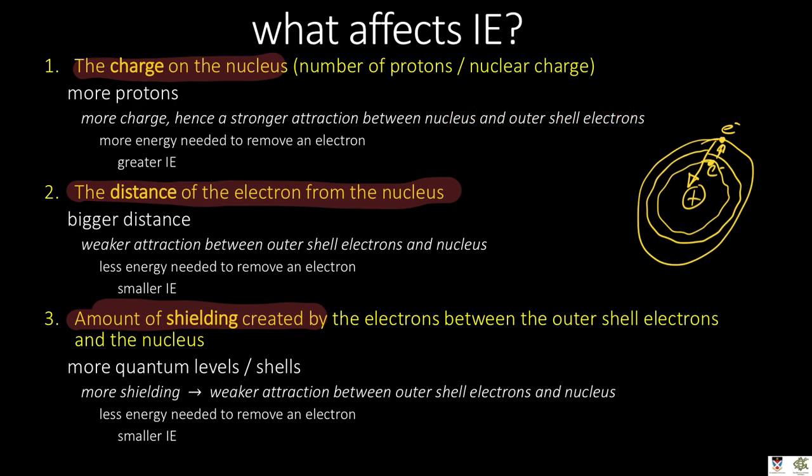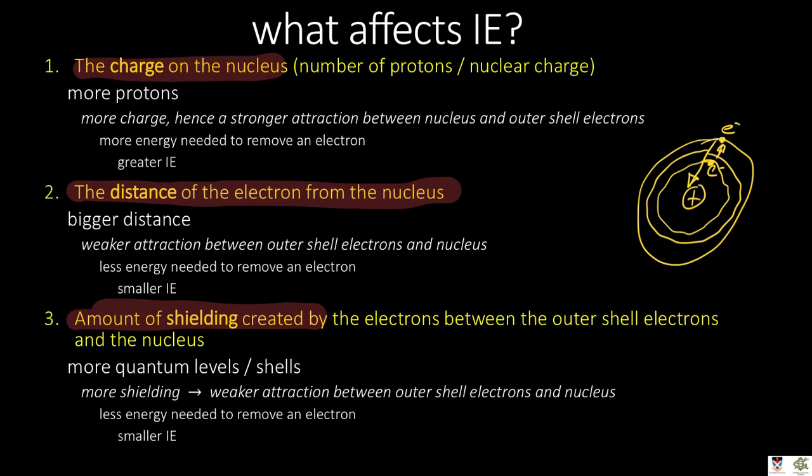And if there is a stronger attraction, we will need more energy to remove that electron and therefore a greater ionization energy. If we increase the distance of the electron from the nucleus, the greater the distance, the weaker the attraction. The further that electron is removed from the nucleus, the weaker the attraction between the outer shell electrons and the nucleus. And if we have a weaker attraction, we need less energy to remove that electron.